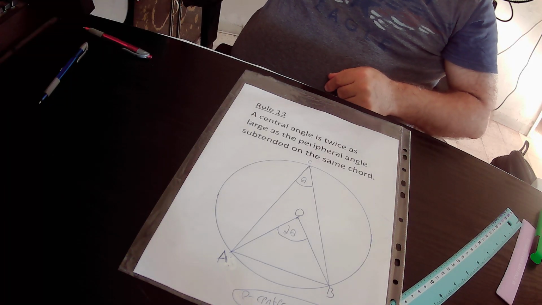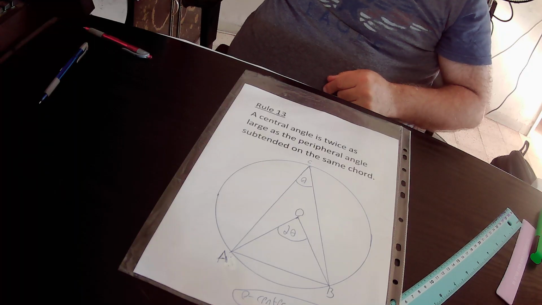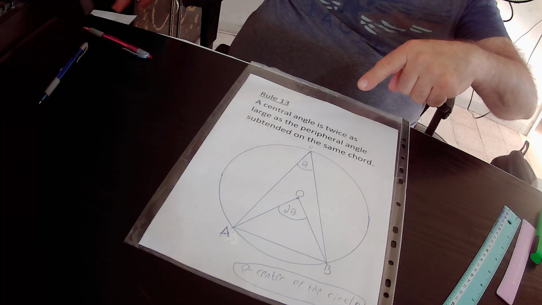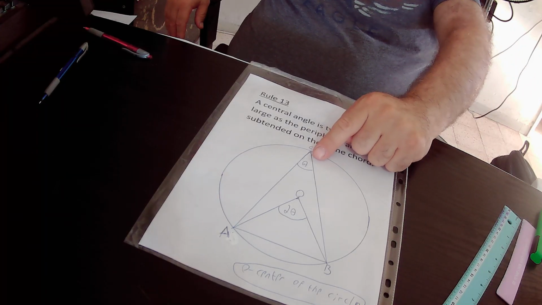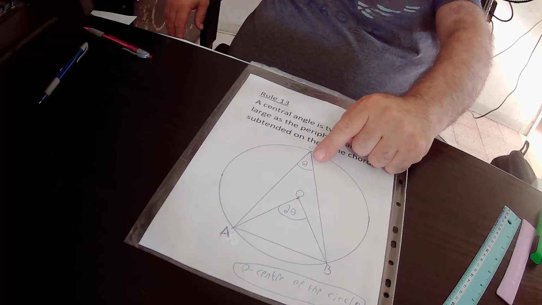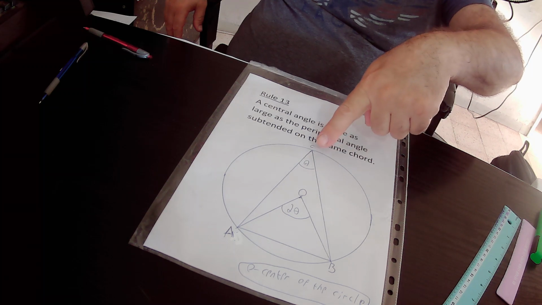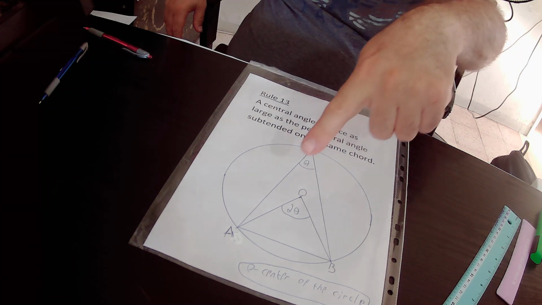So in the drawing, we have a circle. Inside this circle, we have this peripheral angle ACB. The size of this peripheral angle ACB is theta, and peripheral angle ACB is subtended on chord AB.